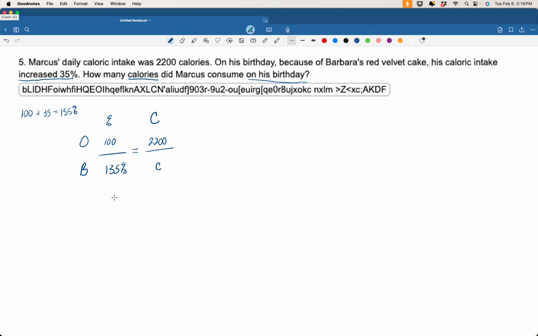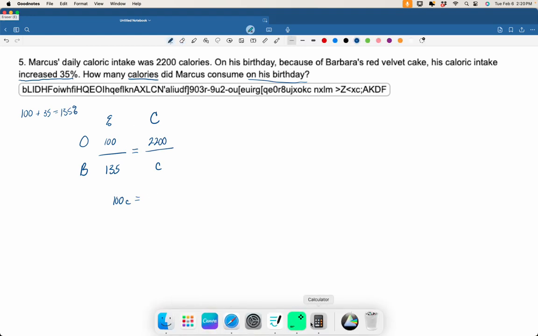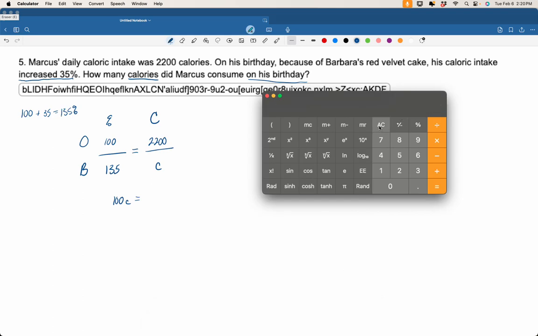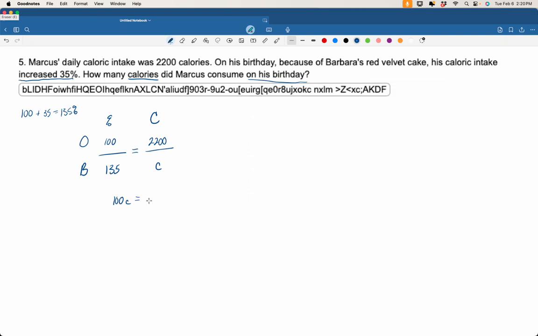So we're going to cross multiply. 100C is equal to, and I don't need the percent sign, 135 times 2,200, which is 297,000. Divide both sides by 100. The number of calories he had on his birthday was 2,970.